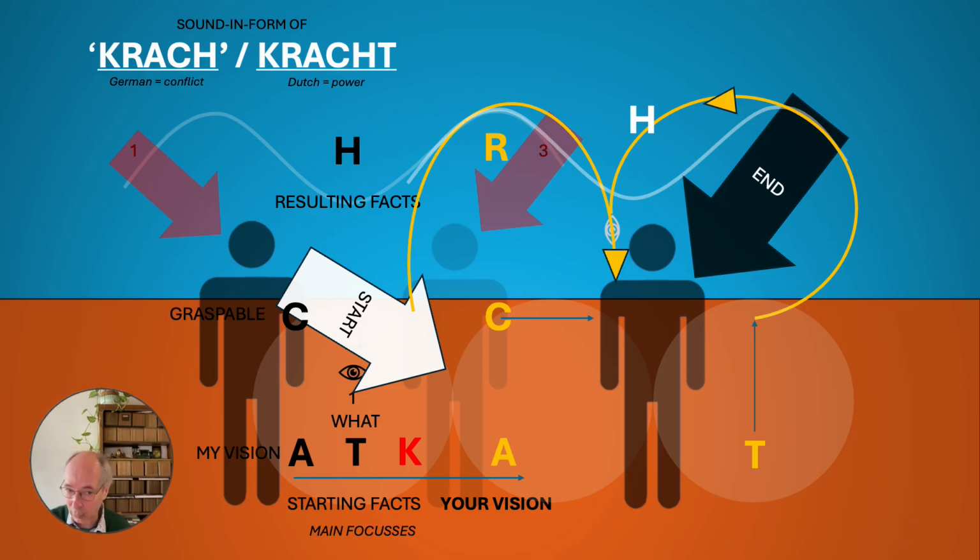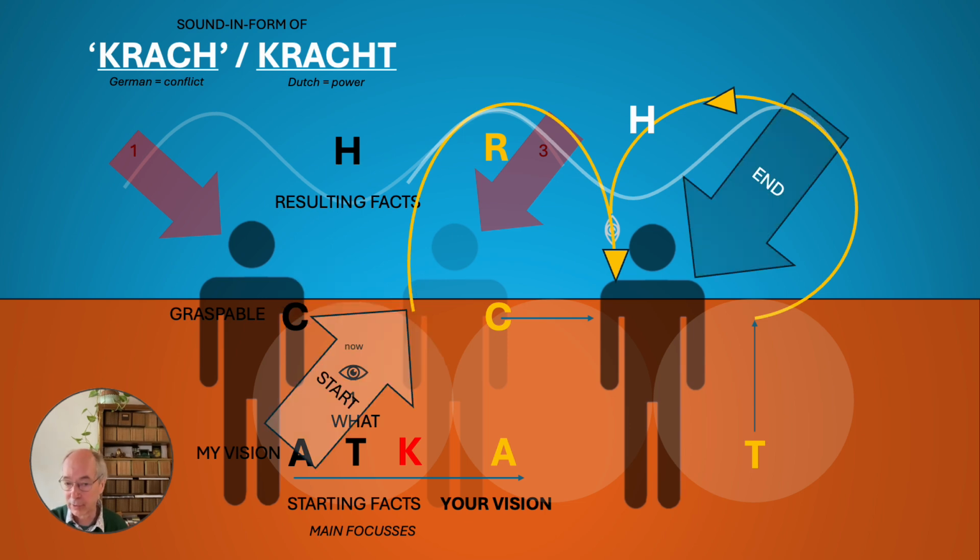That can all be so, but I connect to it and see what is grasped by the other person, and see what is the end effect of it again towards me. With a T I can bundle it into a certain position, and I can use it to my benefit. Which is also known, of course, that the KRACHT with a T is about an empowerment again. So then it's becoming something positive again.